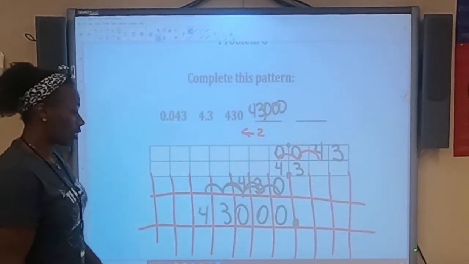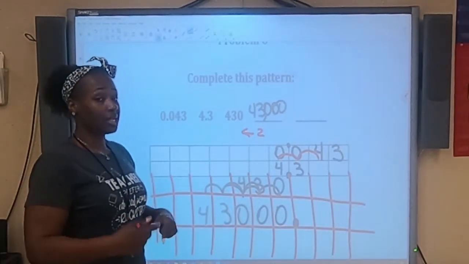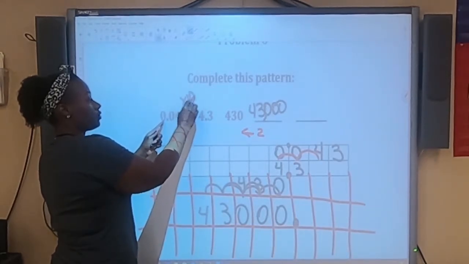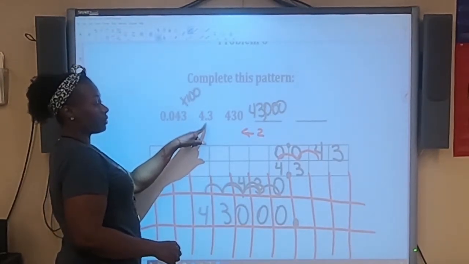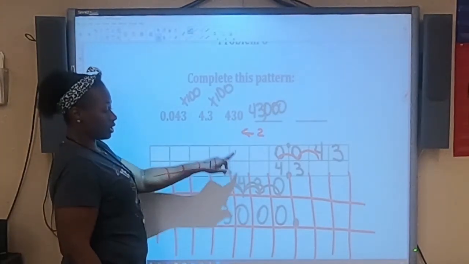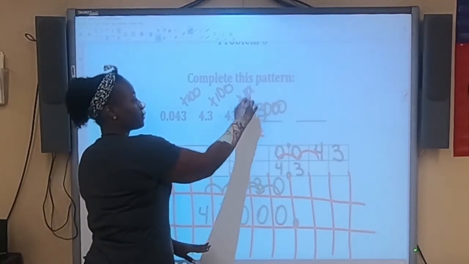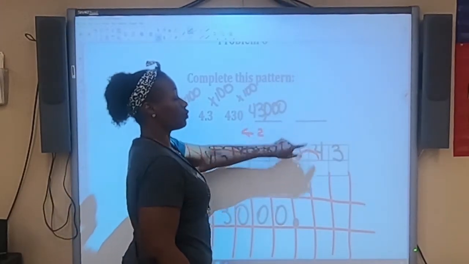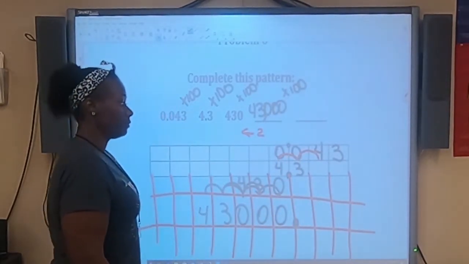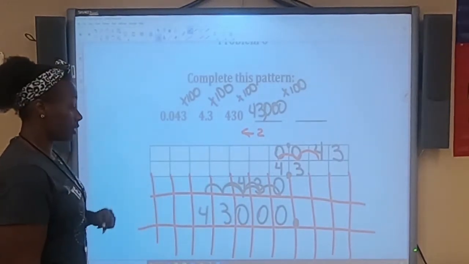Okay. So now, starting at 43,000, I need to multiply by 100 again, because remember, that's our pattern. For us to get from here to here, we did times 100. From 4 3/10 to 430 times 100. 430 to 43,000 times 100. So to figure out this missing place, we got to still do times 100. So that means I got to shift left again 2 times.